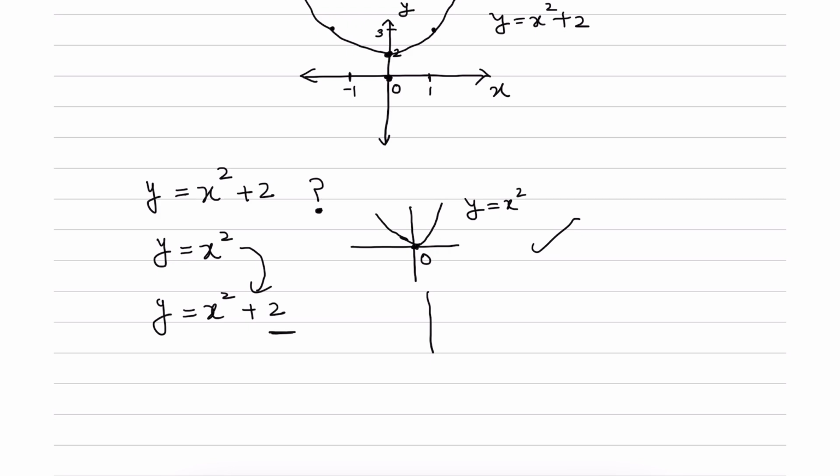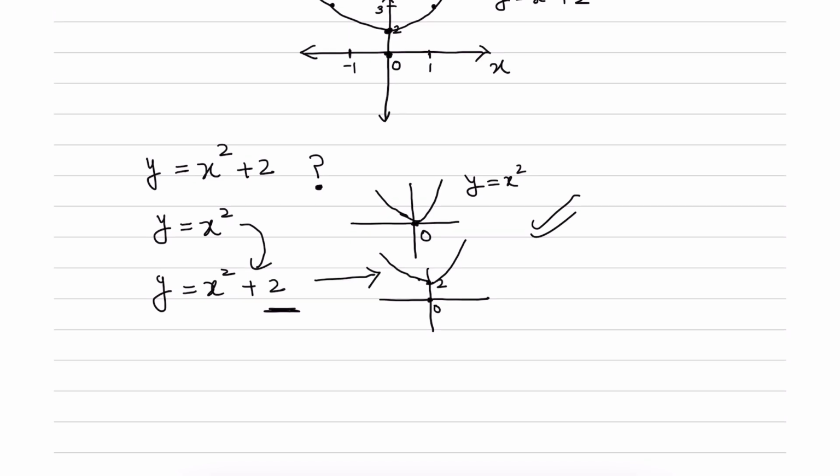Again we are considering this graph and we are shifting it 2 units upwards, because in x square 2 is being added. So you start shifting it from the origin. First you mark 2 and shift this same graph to point 2. That would be the shape of the graph y equal to x square plus 2.